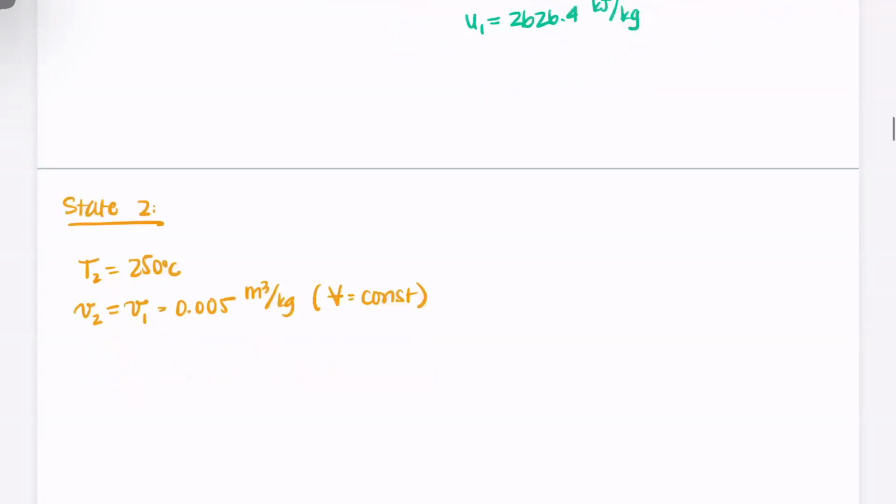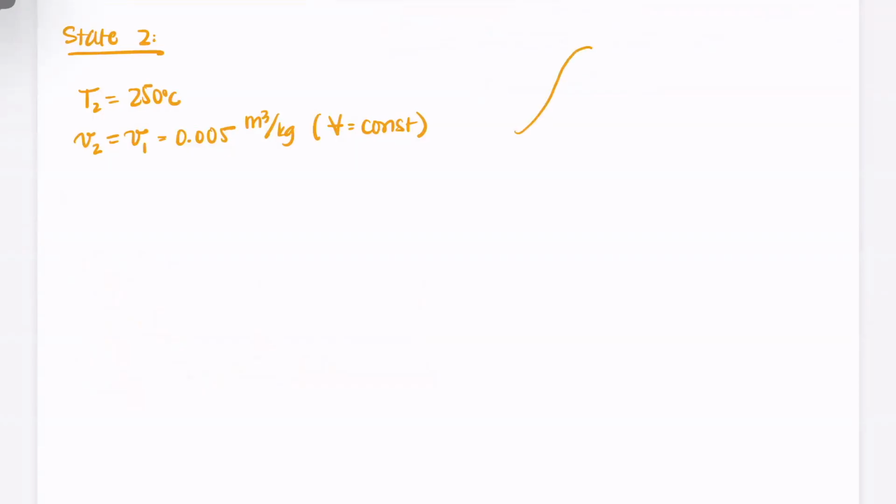Okay. So essentially, if this is v, we want to figure out vf and vg, and we want to know where in relation to those two values our specific volume is. Okay.